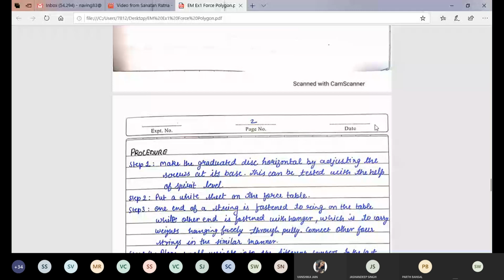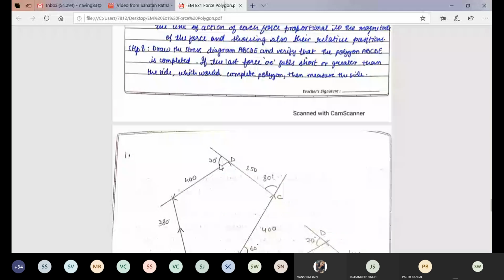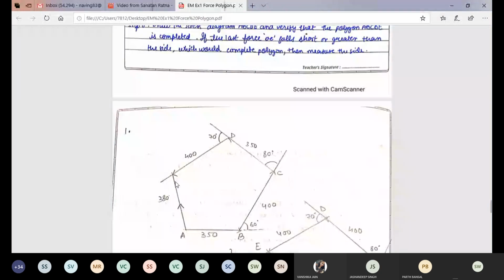So this is how the experimental value is taken, and for the theoretical value, just make the diagram, and after making the diagram, the last side which is coming out, once again, the last one, this one DE, the E point is missing here, DE, and this is EA. So final is EA. This is the actual resultant part. So this you have to calculate. This is the theoretical value that you are getting here, and the experimental value from the weight.